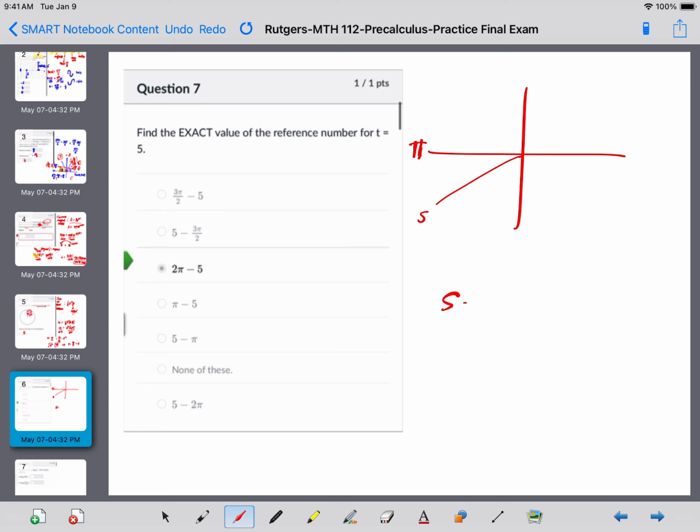If this is in radians, we know radians typically has pi in it. To convert to degrees, we want to get rid of the pi, so you're going to multiply by 180 over pi, and 5 times 180 divided by pi is 286.4788976 degrees. That's between 180 and 270.